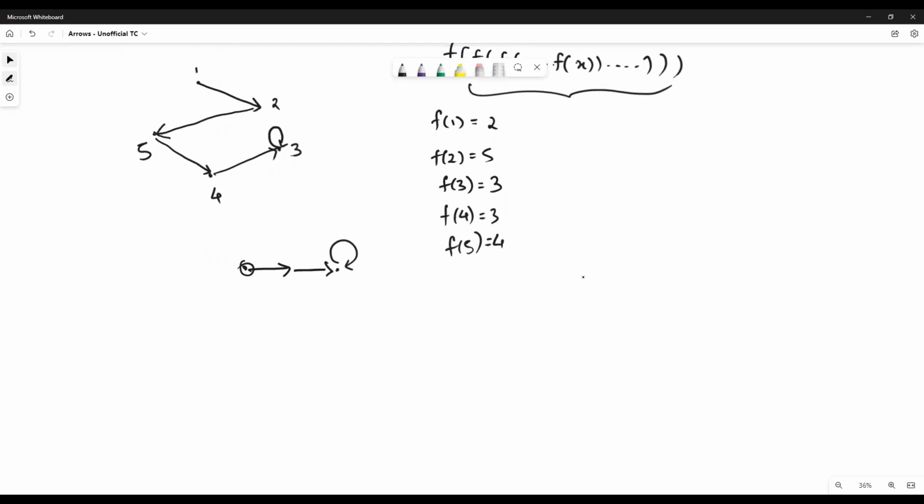Also, can there be any cycles? Why not, Anurag?